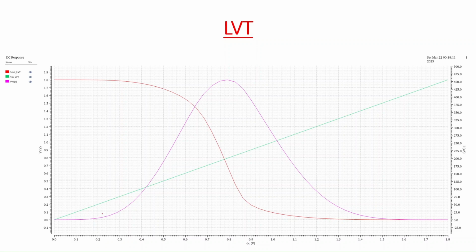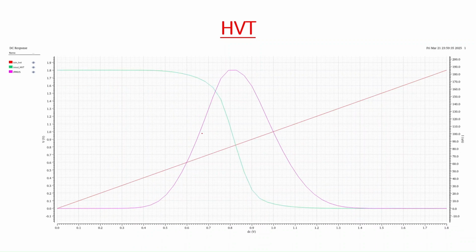We can see that the current starts to rise at about 0.2 volt, so the threshold voltage for this transistor is 0.2 volt. Whereas this is the current curve for the high threshold voltage device. We can see that the current starts to rise at 0.4 volt, so the threshold voltage for this device is around 0.4 volt.